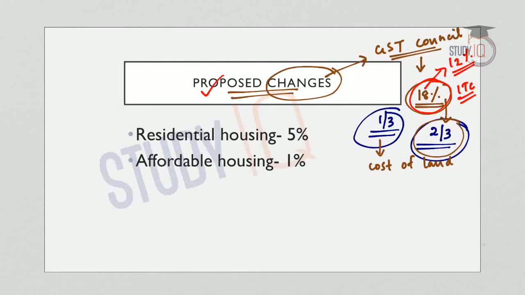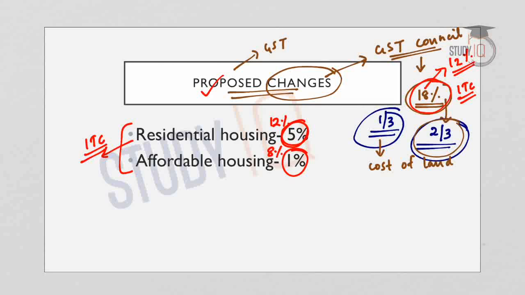The GST Council has decided to cut the GST rate for residential housing from earlier 12% to 5%, and for affordable housing from the earlier 8% to 1%, along with removal of input tax credit. Now input tax credit or ITC is removed. So these are the three important proposals or changes made by the GST Council, and these new rates will be applicable from April 1st of 2019. That is from the new financial year. So these are the changes.